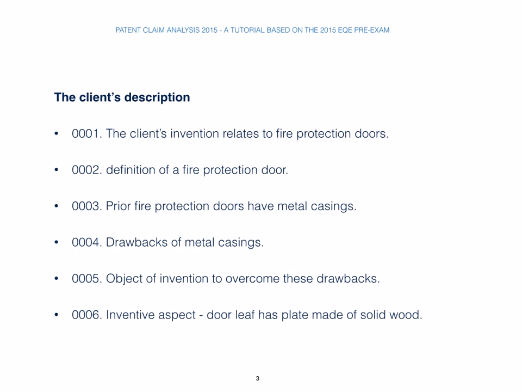Paragraph 5 states that an object of the invention is to overcome the given drawbacks. Paragraph 6 states that an inventive aspect is that the door leaf has a plate made of solid wood resistant to bending.